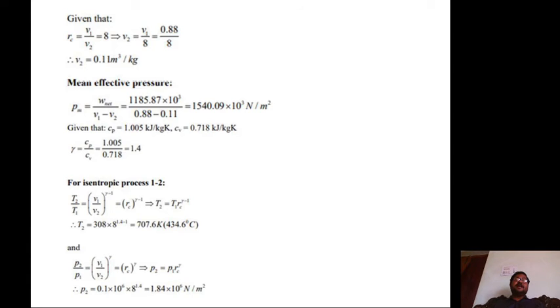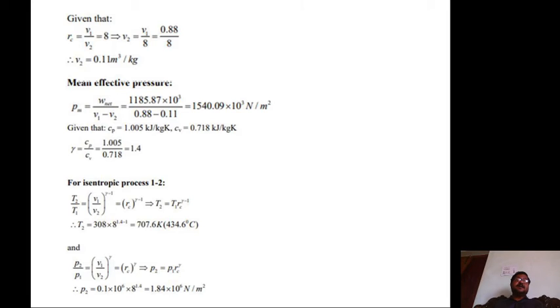T2 is equal to 308 into 8, the compression ratio, to the power of 1.4 minus 1, where 1.4 is the gamma, Cp by Cv. 1.005 divided by 0.718, you will get Cp by Cv is 1.4. After substituting all the things, you will get 707.6 Kelvin. It's T2.